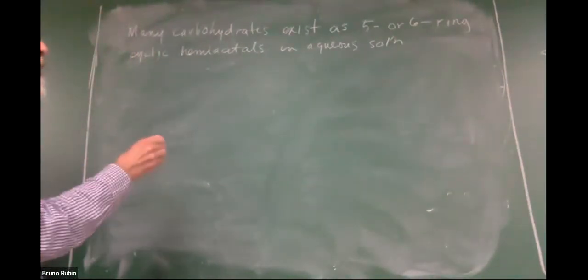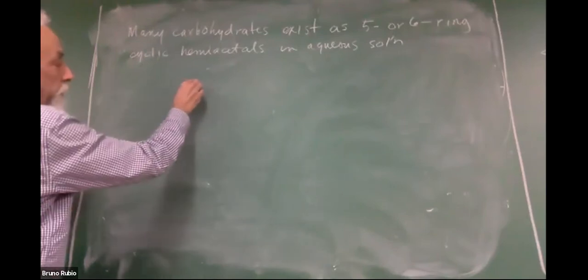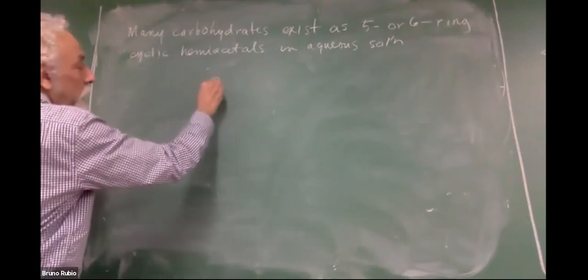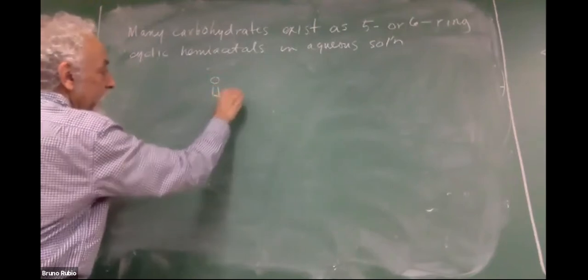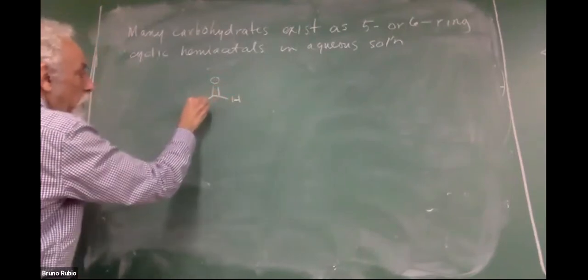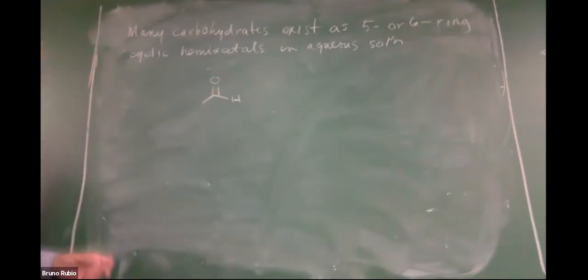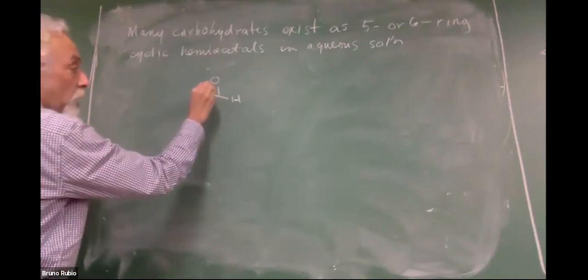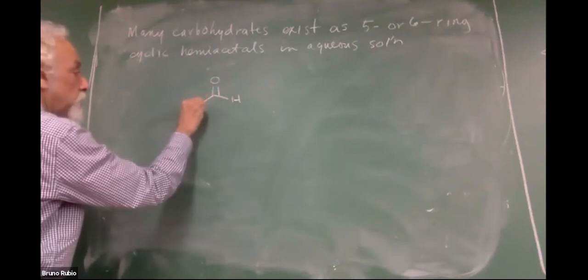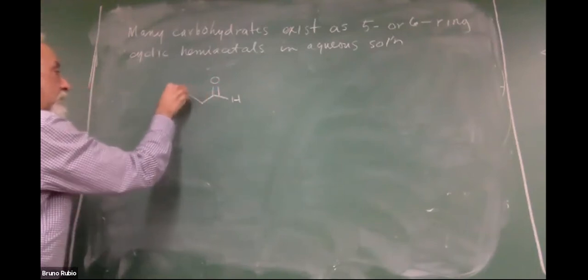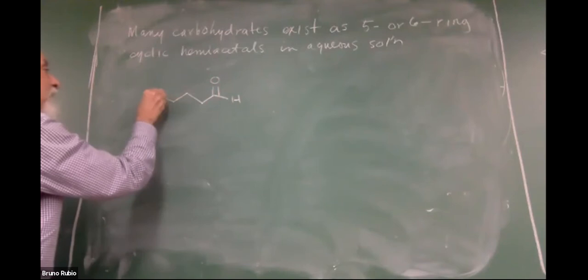Okay, so let's look at some situations. So here's a carbohydrate, and now I'm going to put an OH group 5 atoms away. 1, 2, 3, 4, 5.